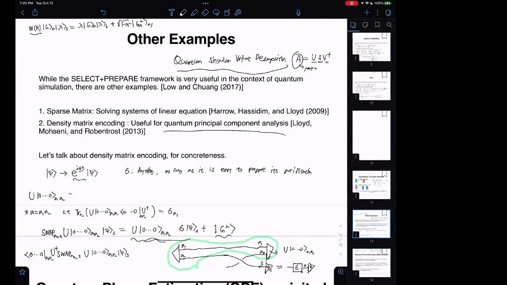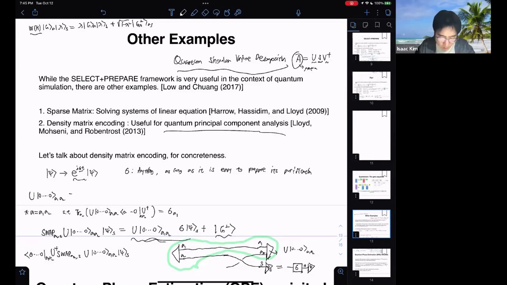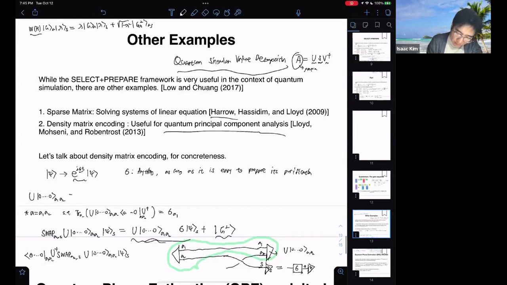Okay, thank you. Maybe let me just add one more thing, which is that there's a well-known trick to deal with non-Hermitian matrices. For instance, in the Harrow, Hassidim, Lloyd paper, they do consider a general non-Hermitian matrix. What I mean by that is the goal is to solve this equation where you don't have any constraint on A. It has to be invertible, but A doesn't have to be Hermitian.